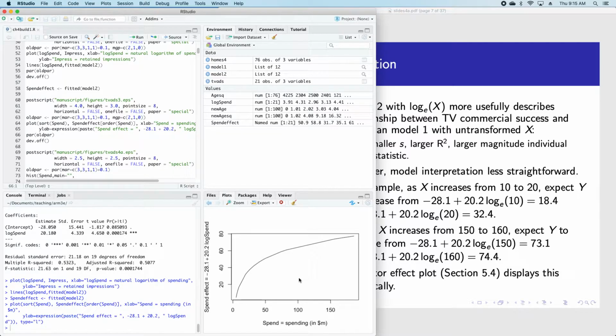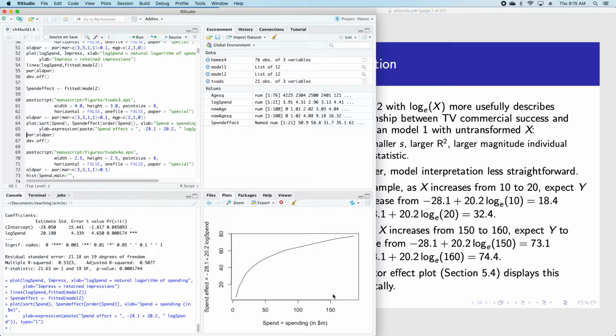Okay, so a firm might look at this and go, okay, well, if I'm not spending much money and I increase my spending, I get a lot of bang for my buck. I get retained impressions going up quite steeply. Whereas if I'm already spending a lot of money and I increase, I don't get that many more retained impressions.